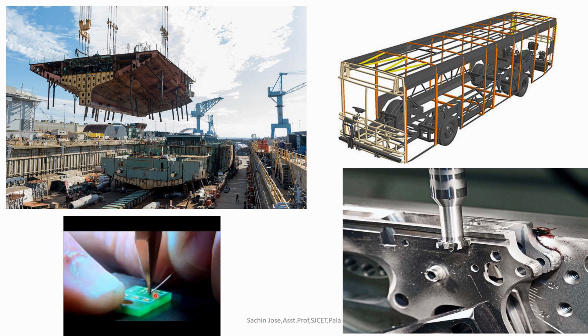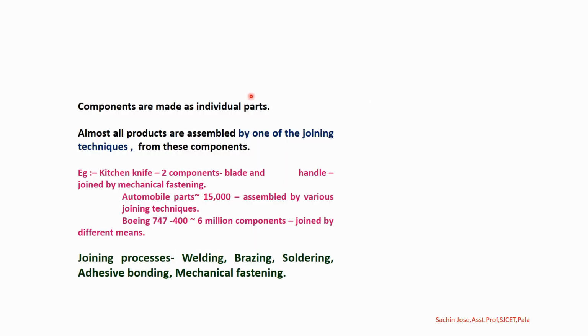Still more, there are still smaller things which can be seen with the application of welding, even at a still smaller level. So if you look around, you can see fabricated stuff.